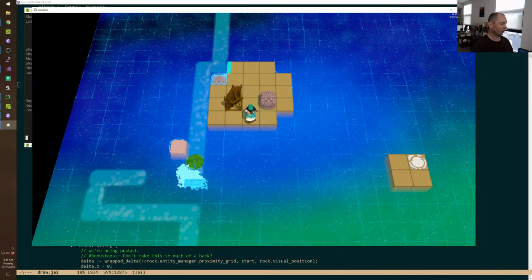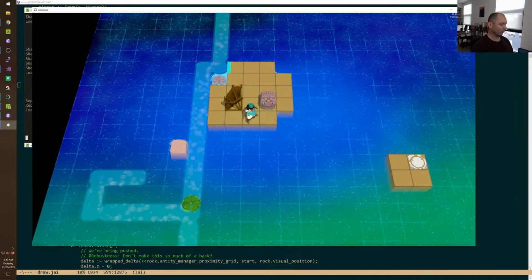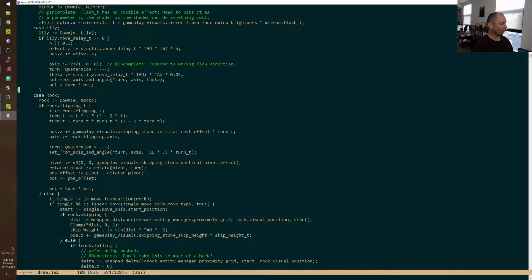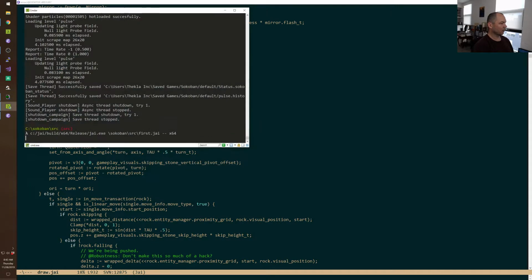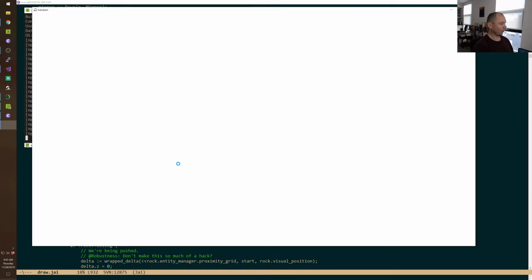Okay. We could actually, we could double it. Let's make it go more. Smaller angle, but double the wave damage.